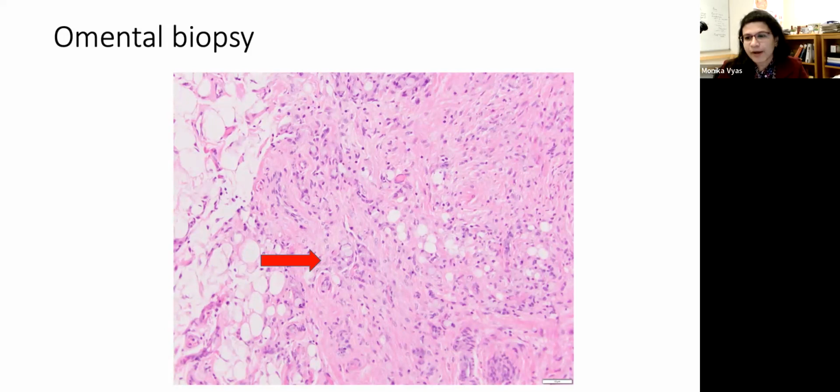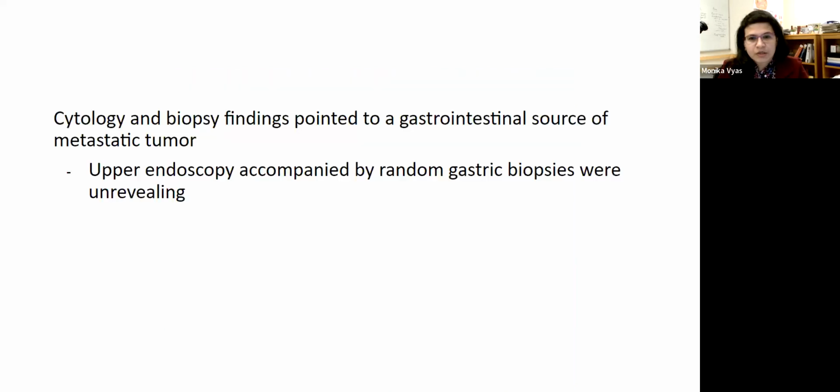The immunoprofile was similar, with strong CK7 positivity in most cells and rare CK20 and CDX2 positivity in some of the cells. So together, cytology and biopsy findings pointed to a gastrointestinal source for this metastatic tumor involving the peritoneum.